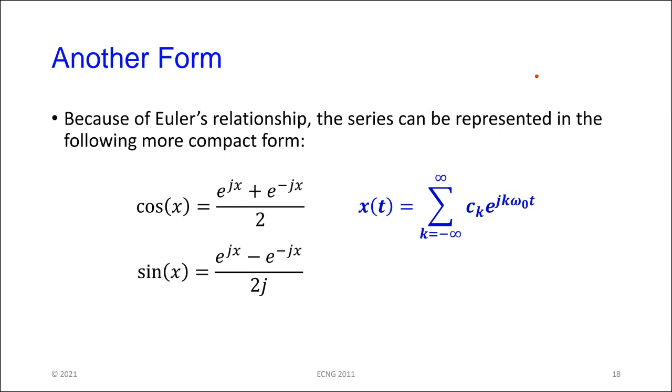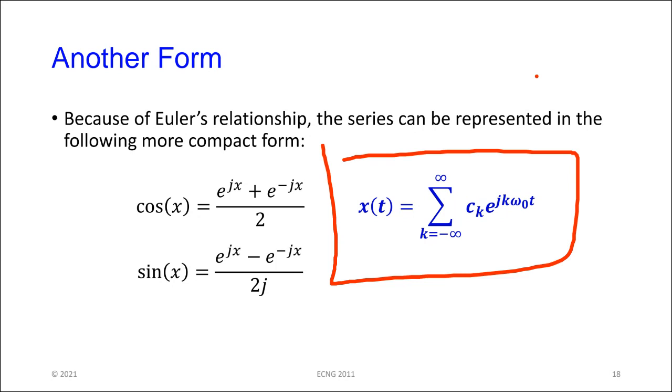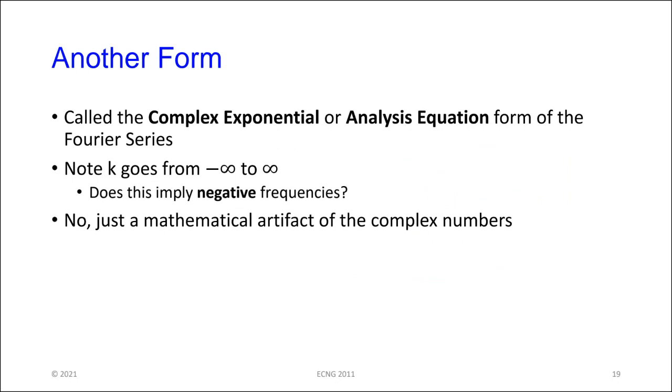So you could use that now. If I substitute for sine and cosine in the trigonometric form, I get another form of the Fourier series. And this form is what we call the complex exponential form of the Fourier series, or sometimes called the analysis equation form of the Fourier series.